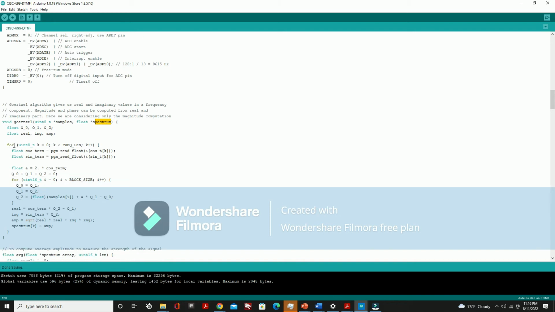Within this algorithm, I compute the magnitude and phase value from the real and imaginary parts. But in this algorithm, we are more concerned about the magnitude part, which is the amplitude of each frequency component of the captured frequency spectrum.